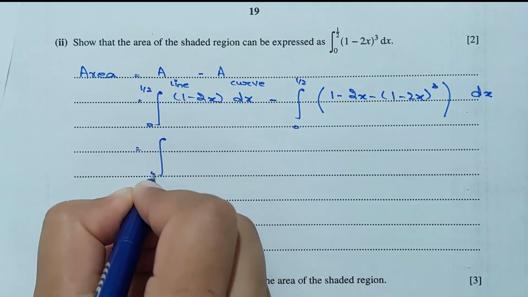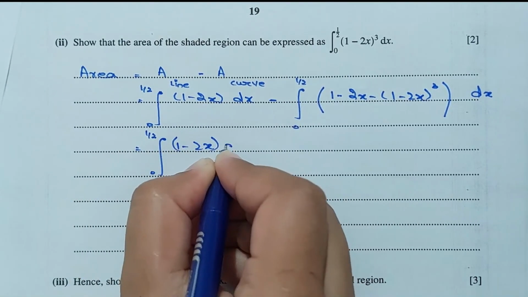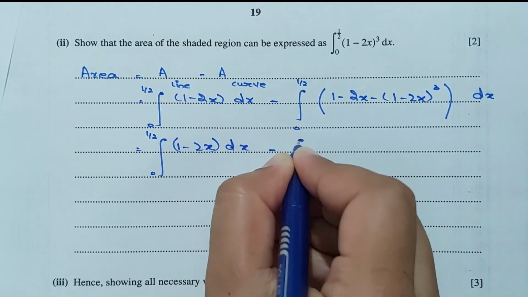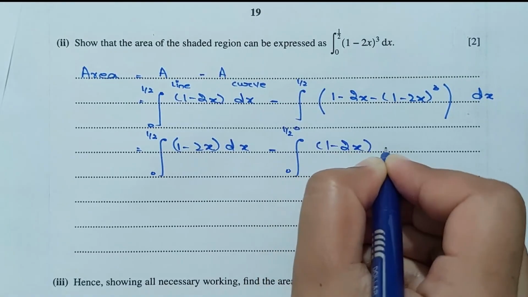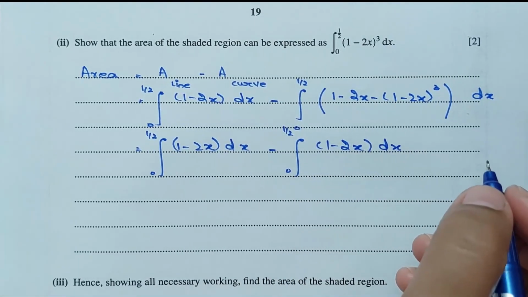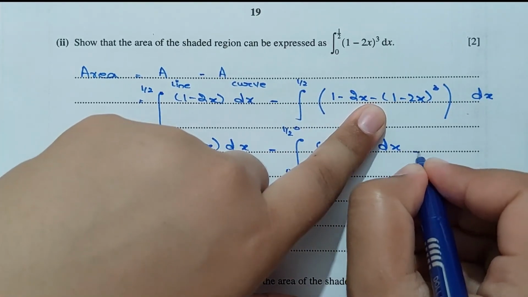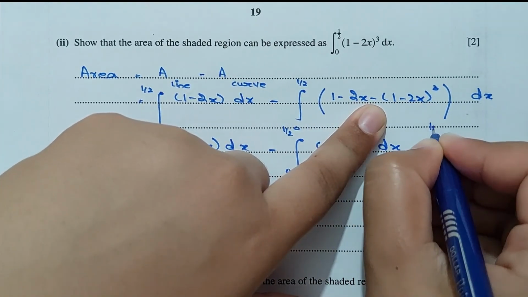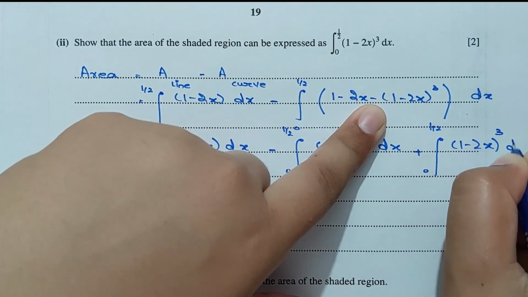Now we have the integral from 0 to 1 by 2 of 1 minus 2x dx, and minus the integral from 0 to 1 by 2 of 1 minus 2x dx. I just split this term 1 minus 2x and this term, with negative times negative being positive, plus the integral from 0 to half of (1 minus 2x) whole cube dx.